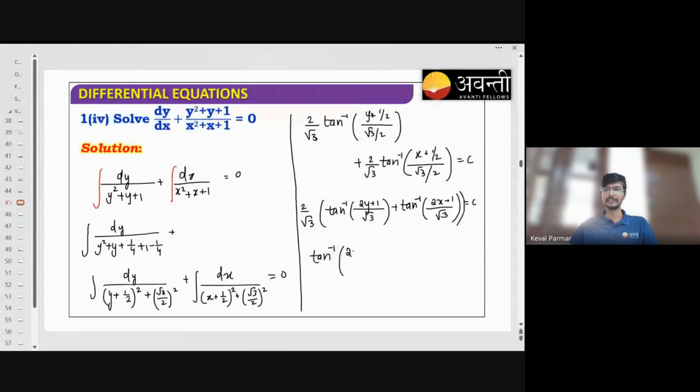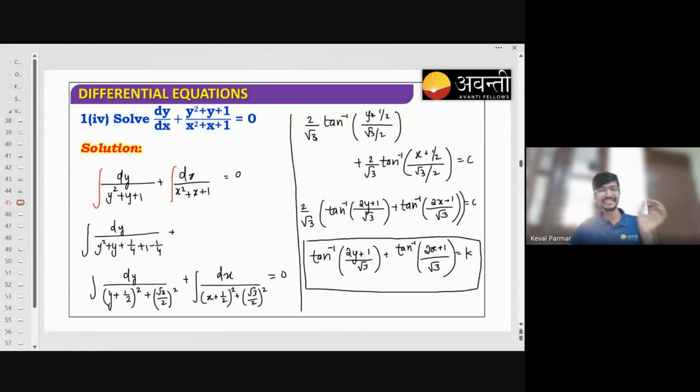So I can cross multiply root 3 by 2 here, and that will become a new arbitrary constant, which I can write as tan inverse of 2y plus 1 upon root 3 plus tan inverse of 2x plus 1 upon root 3 equals k. This is my answer. I hope you got it. Your answer will be in this format.